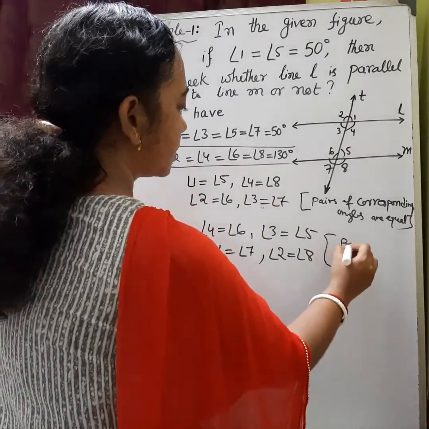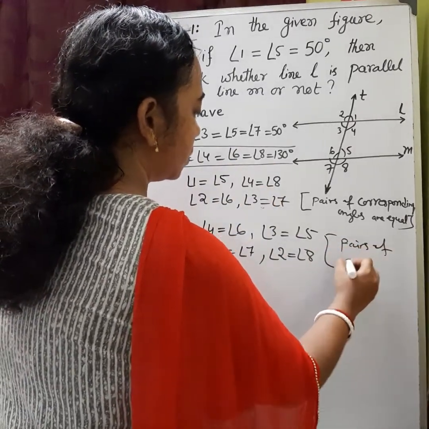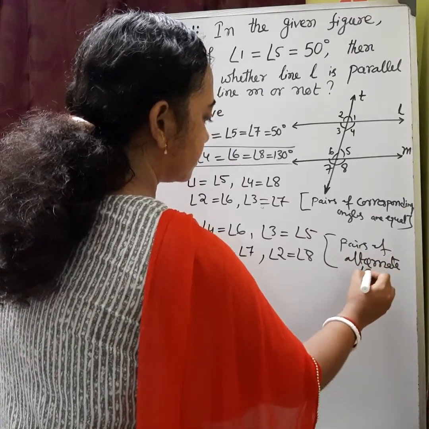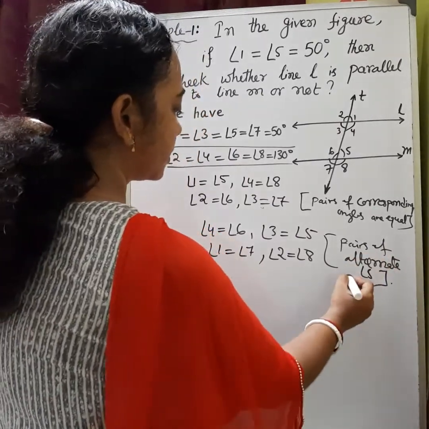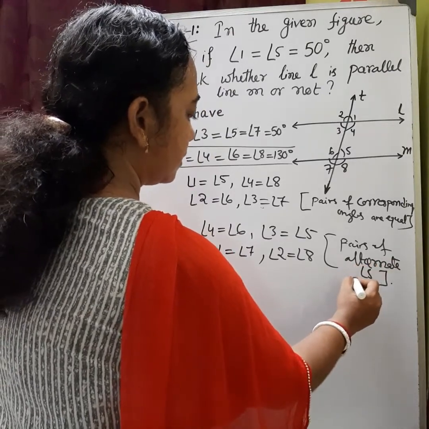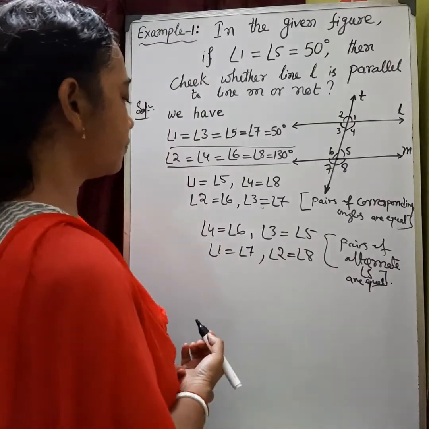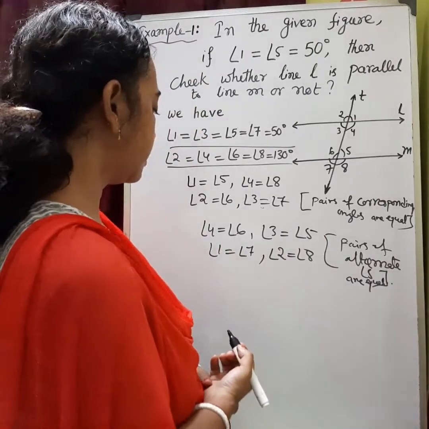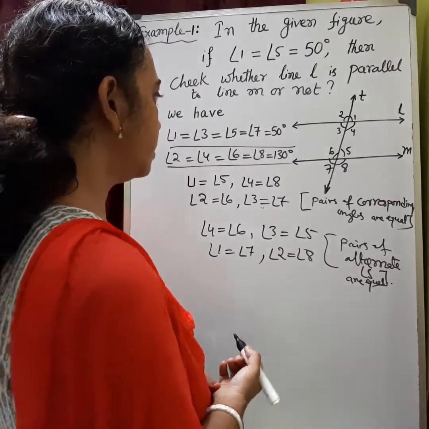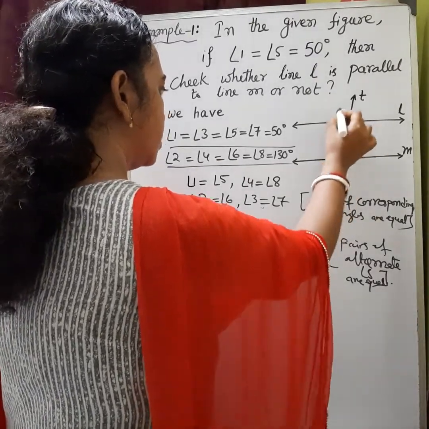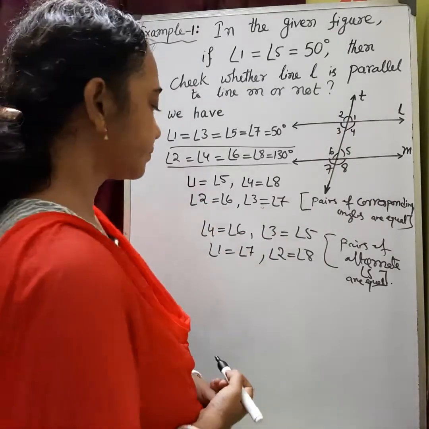These are called the pairs of alternate angles. Pairs of alternate angles are equal. So each pair of alternate interior or exterior angles is equal: 4 equal to 6, 3 equal to 5, 1 equal to 7, 2 equal to 8.